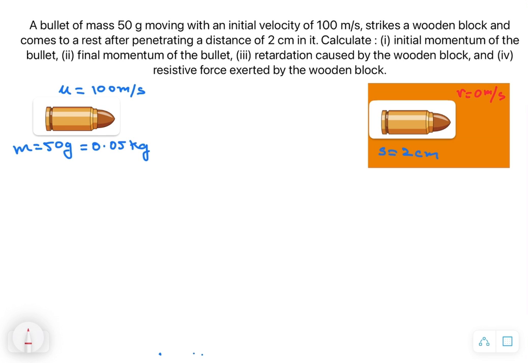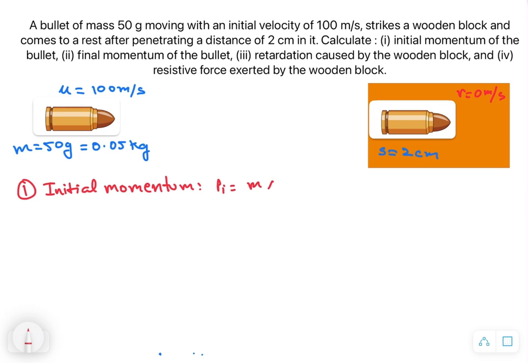Now let us calculate the initial momentum. Momentum is the product of mass and velocity.